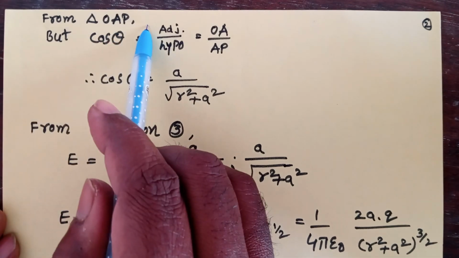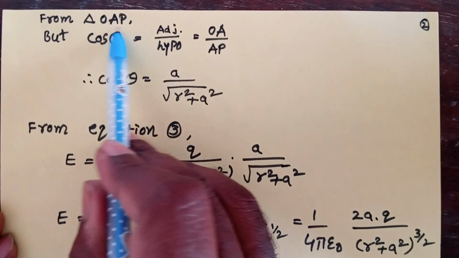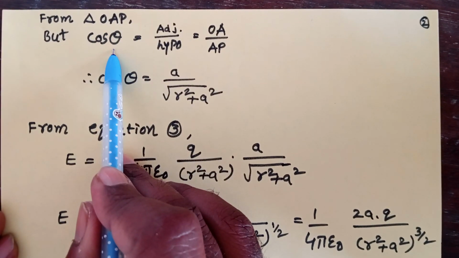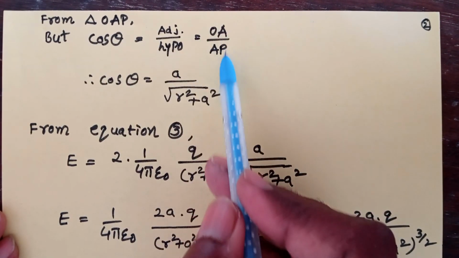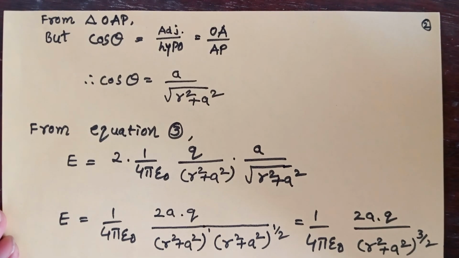From triangle OAP in the diagram, cos theta is equal to adjacent side by hypotenuse, that is OA by AP.